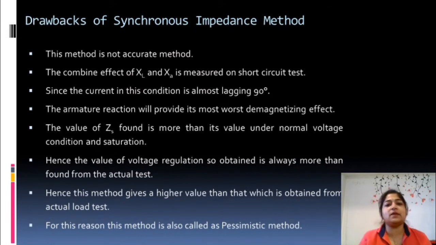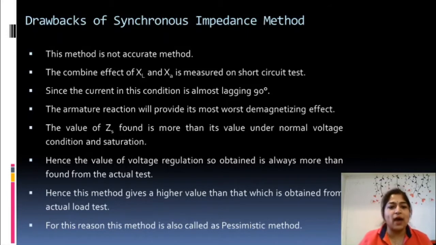But this method has certain drawbacks as well. Now, what are those drawbacks? The very first drawback is that this method is not an accurate method. The synchronous reactance value we get in this method is the combination of XL and XA, that is leakage reactance as well as armature reaction reactance.